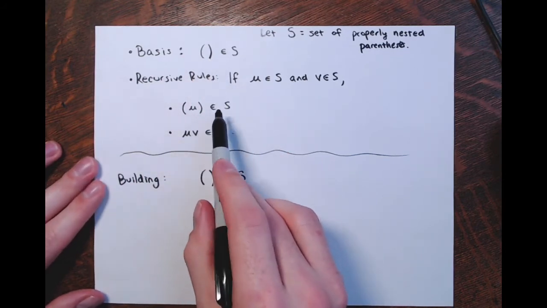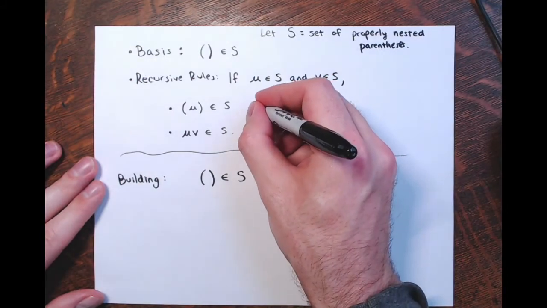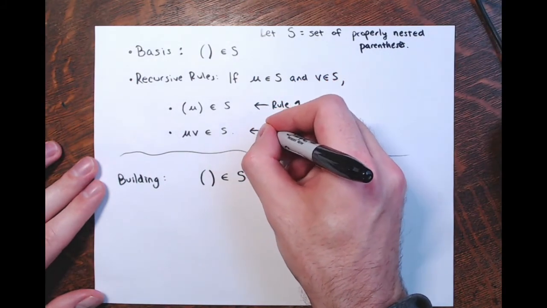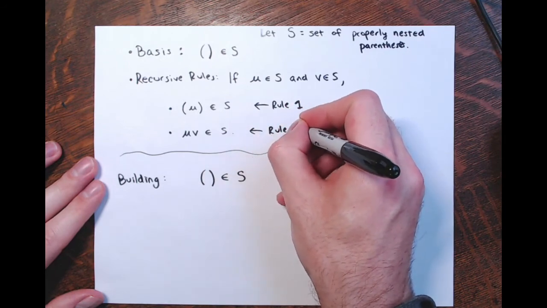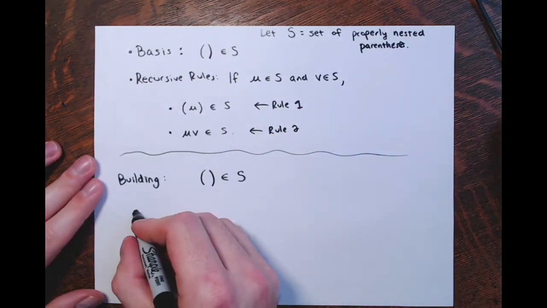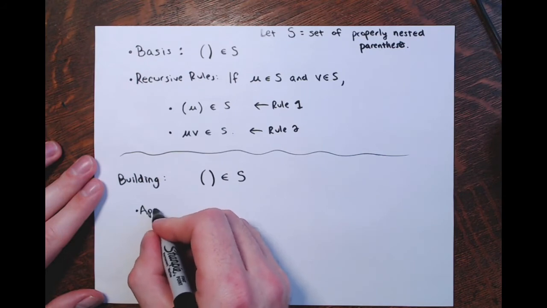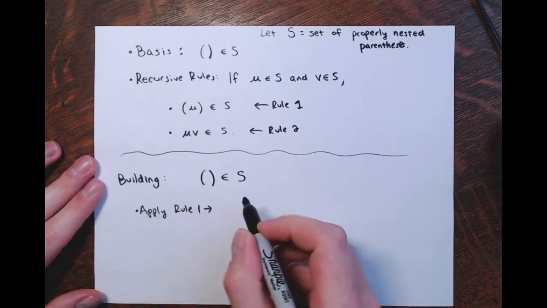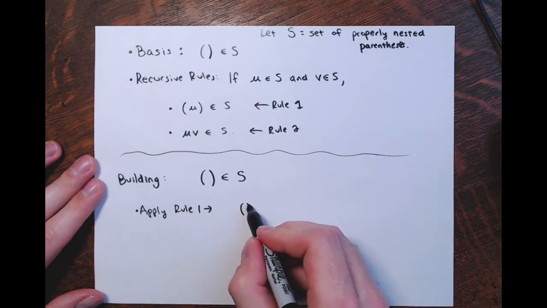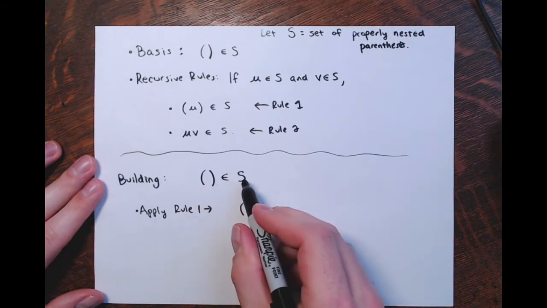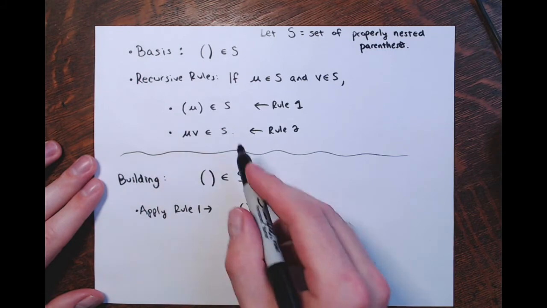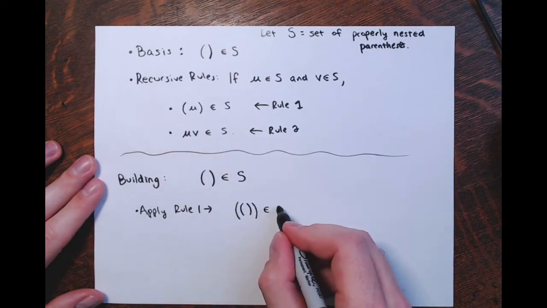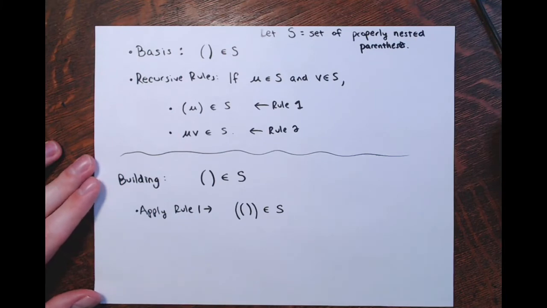So if I apply rule 1, I'll call these rule 1 and rule 2, then I take this element that's already properly nested and just throw parentheses around it. So this is also considered properly nested.